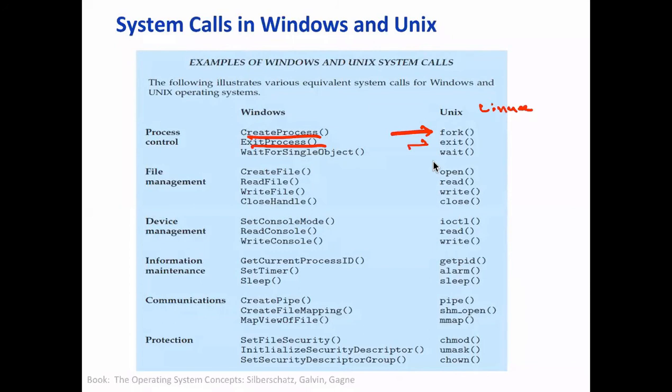Similarly, there is a wait syscall in Linux, while in Windows it is WaitForSingleObject. The create-file syscall is CreateFile in Windows, and open in Unix, and so on.